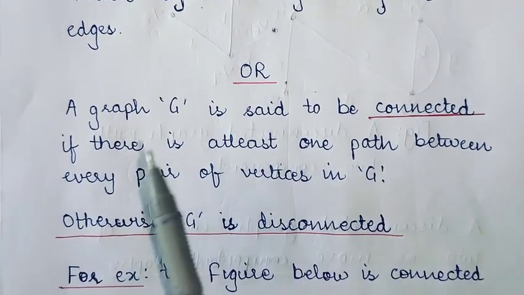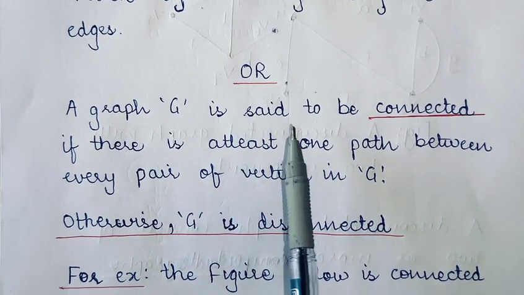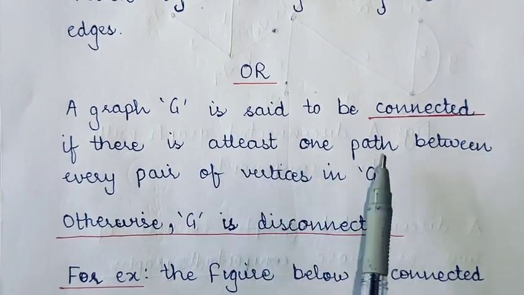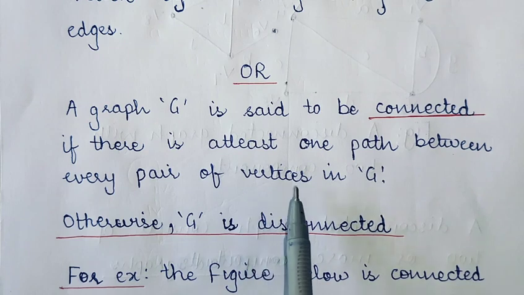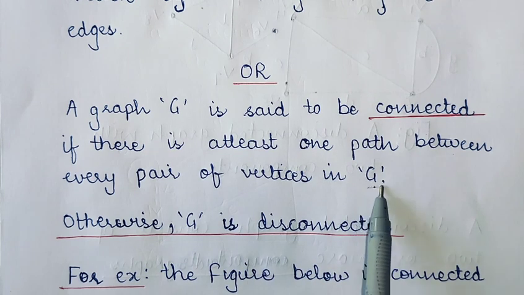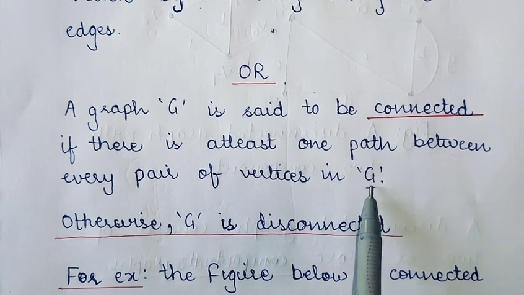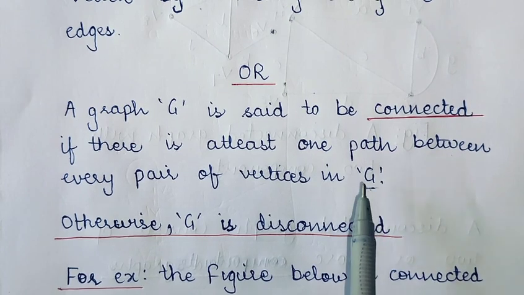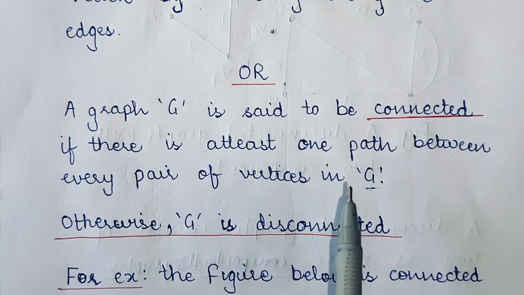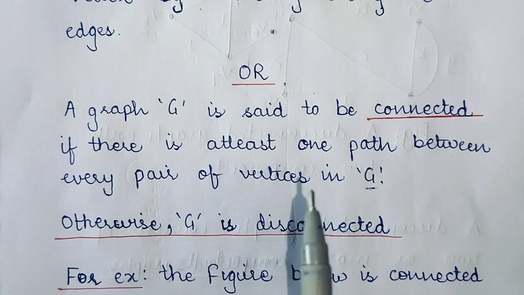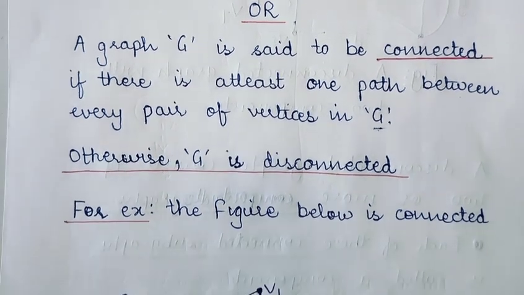In other words, a graph G is said to be connected if there is at least one path between every pair of vertices in G. So if a graph denoted by G exists, then that graph is said to be connected if between all the pairs of vertices of that graph there is at least one path.